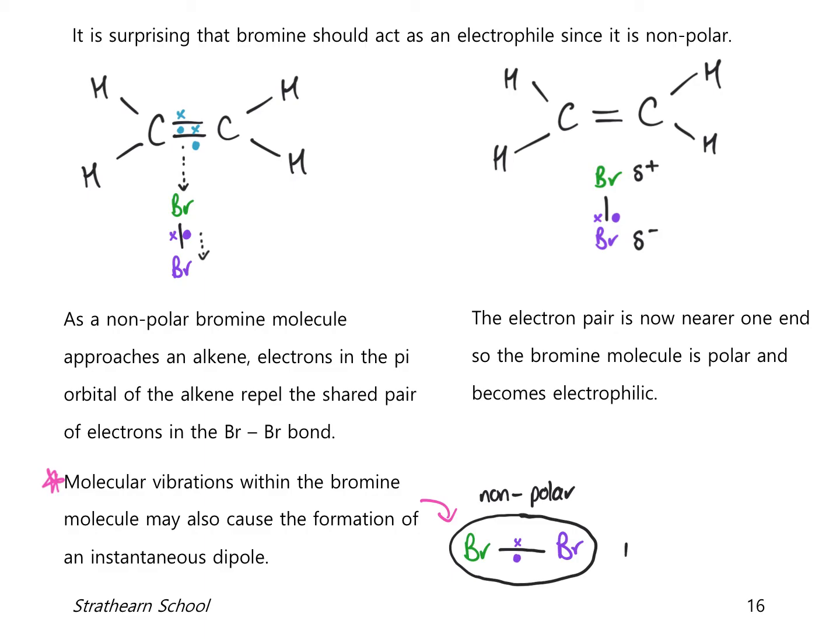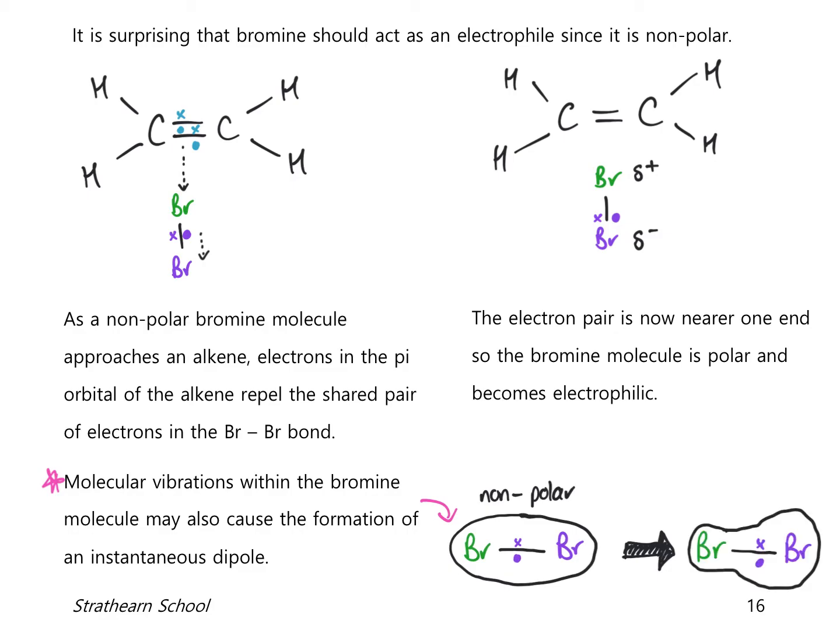But what can happen is the molecule can start to vibrate, which can cause the electrons to move, and in a certain instant, if we were to take a snapshot, that could vibrate in such a way that pushes the electrons closer to the purple bromine atom, that end of the molecule. What do we end up with then?